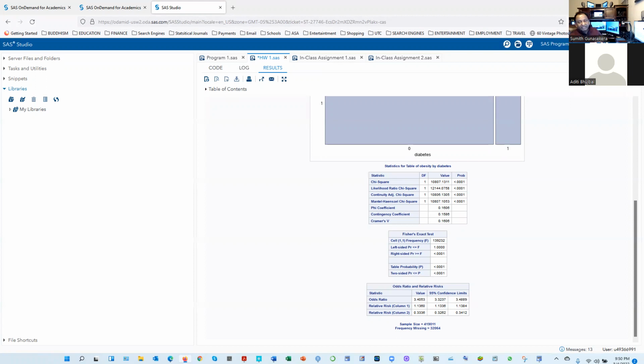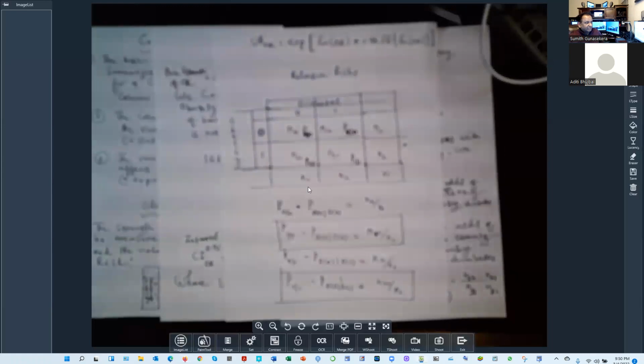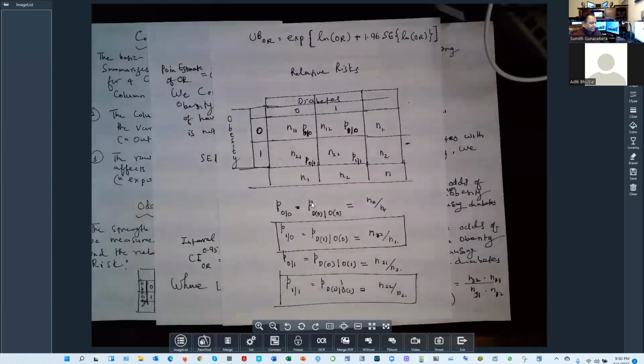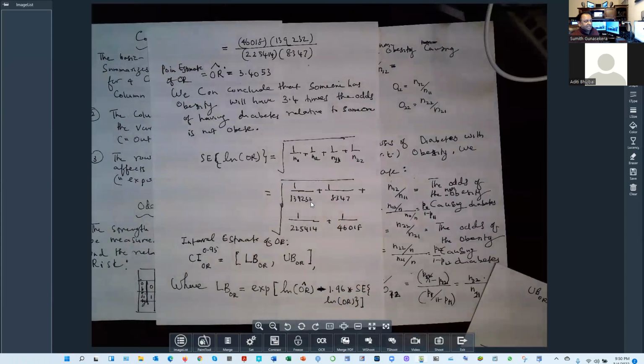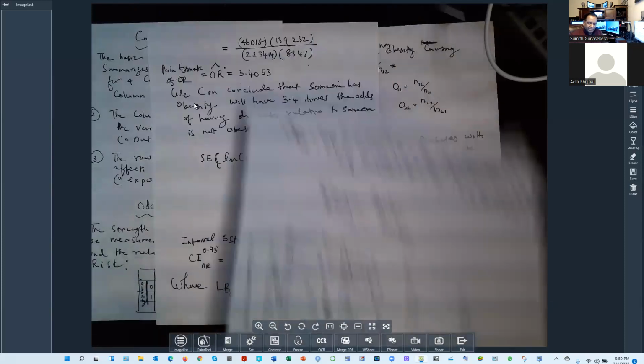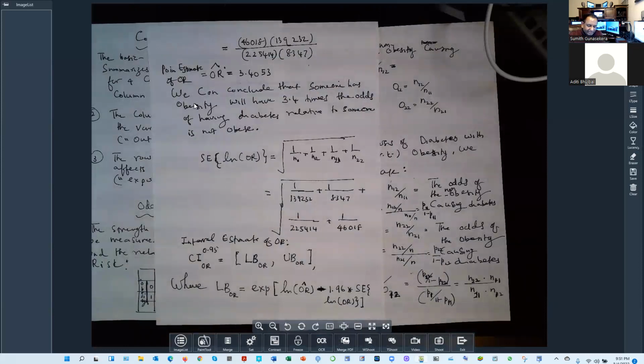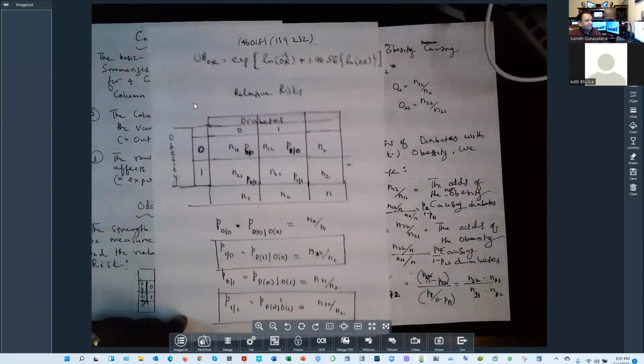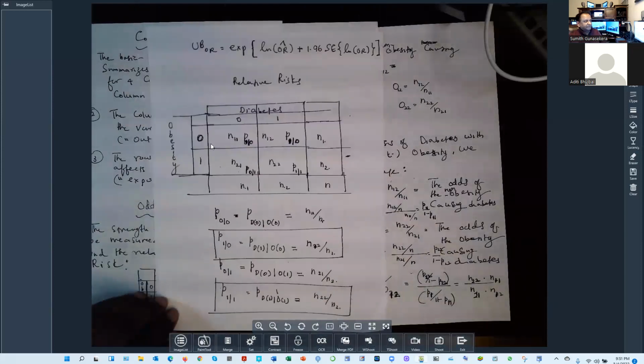Those are the values you're going to see here, like 3.3237. They're going to ask you to do this by hand. You should do it by hand, compare and contrast, and see whether you got the right answer. That's why you have to show the work, exactly the way I'm showing it here. I didn't put in the numbers, but you can plug in the values, simplify, get the lower bound, and do the same for the upper bound. Again, the OR estimate is based on the observed data; you can calculate 3 point something.